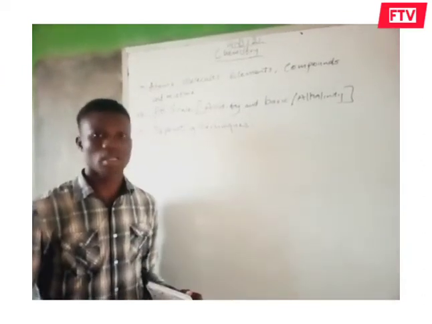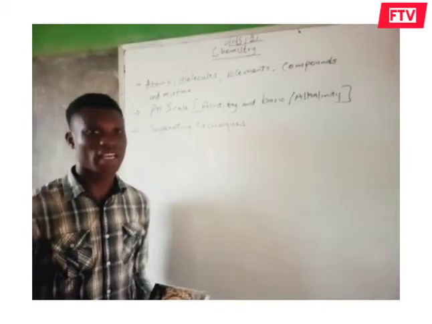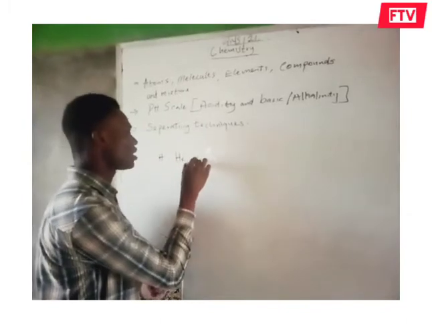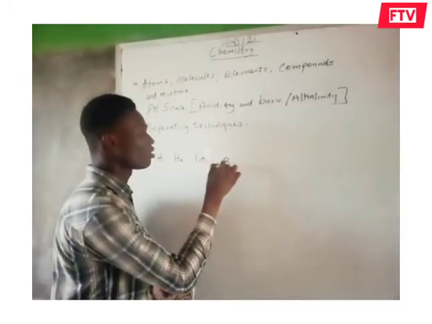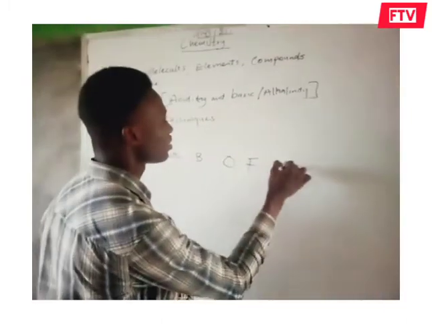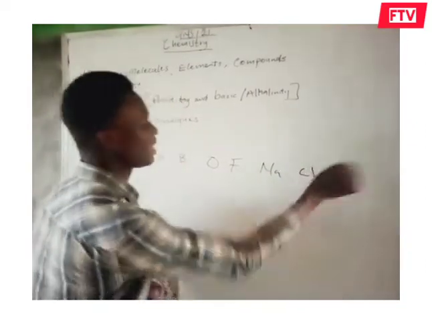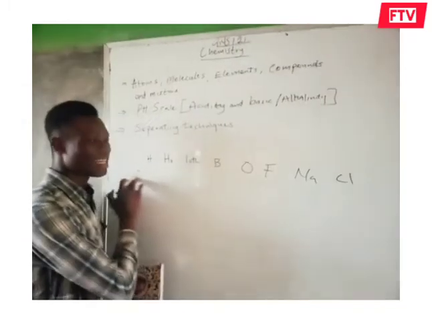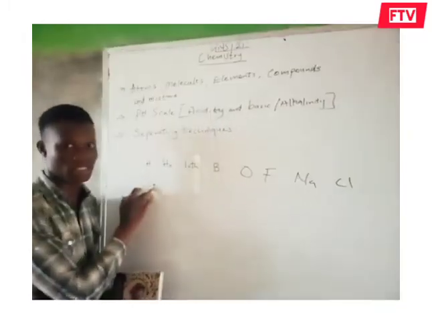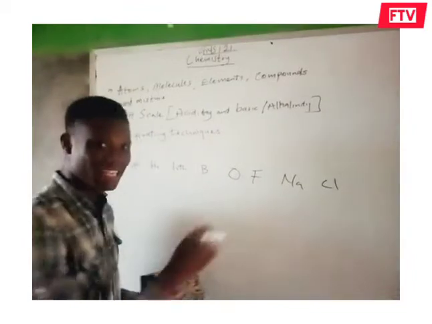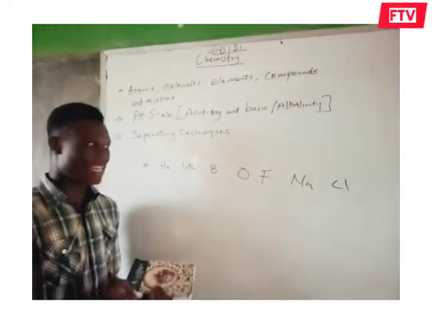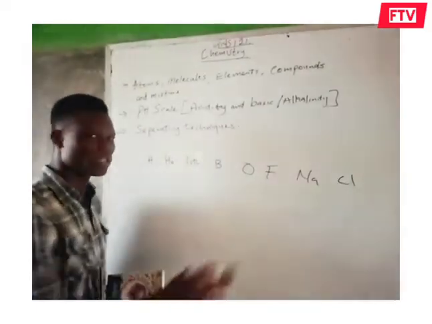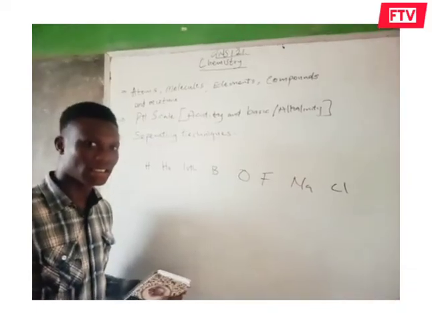We have examples of elements: hydrogen, helium, lithium, beryllium, oxygen, fluorine, sodium, chlorine, and all that. These ones are naturally occurring chemical substances that cannot be broken by any chemical means. They can actually take part in a chemical reaction also, but they cannot be broken down. They cannot be split.